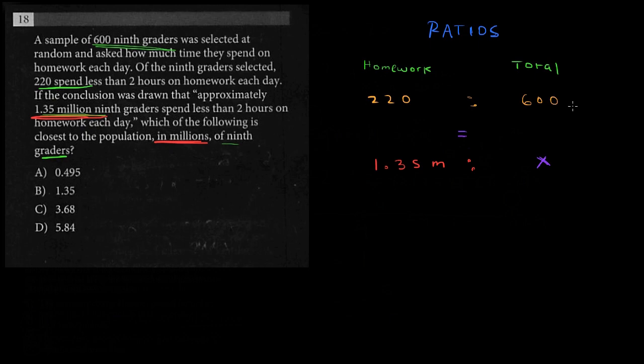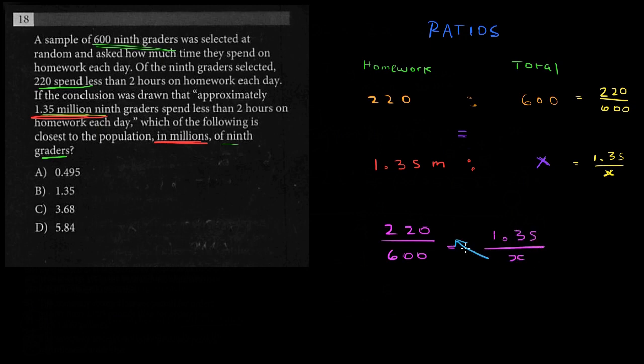If I rewrite this as fractions, 220 over 600 equals 1.35 over X.